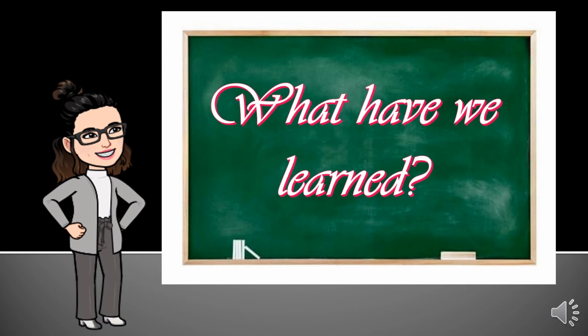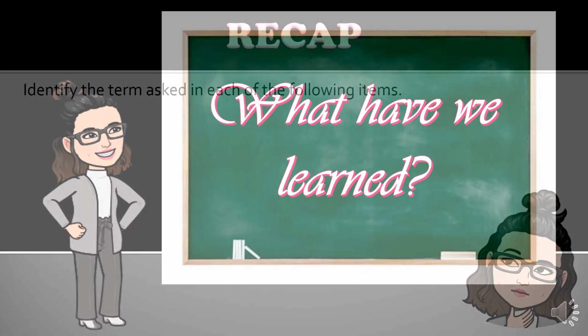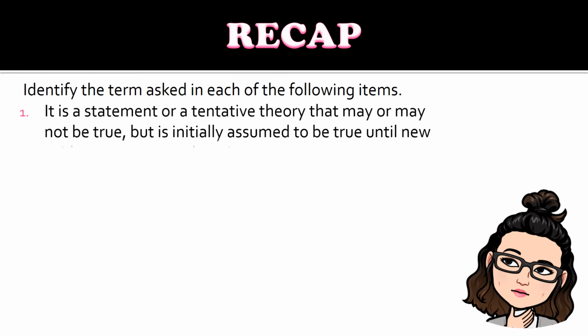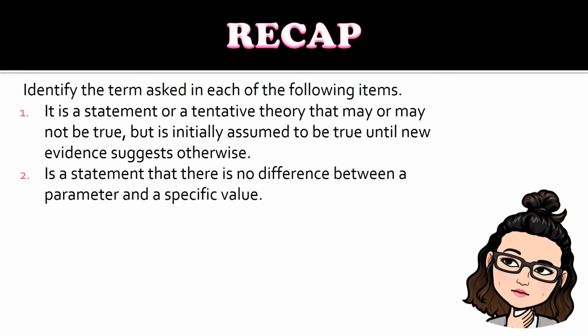So let's check what we have learned for this topic. Identify the term in each of the following items. Number 1. It is a statement or a tentative theory that may or may not be true, but is initially assumed to be true until new evidence suggests otherwise. Number 2. It is a statement that there is no difference between a parameter and a specific value.